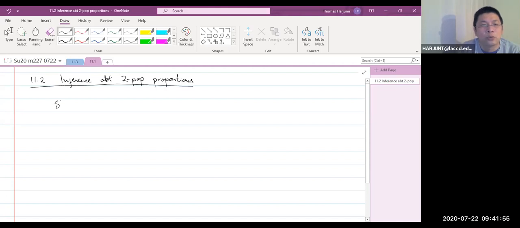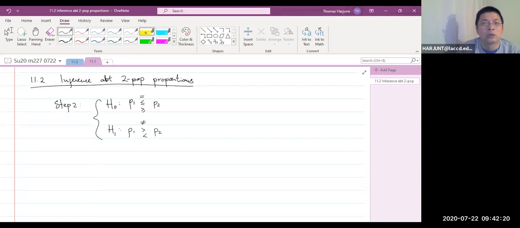In step 2, the null hypothesis will be either P1 not equal to, less than or equal to, greater than or equal to P2, and the alternate hypothesis not equal to, greater than, less than P2 with those kinds of correspondence.